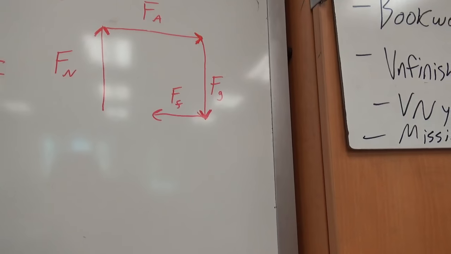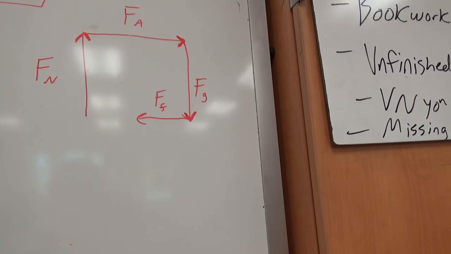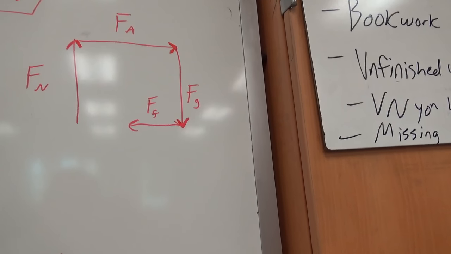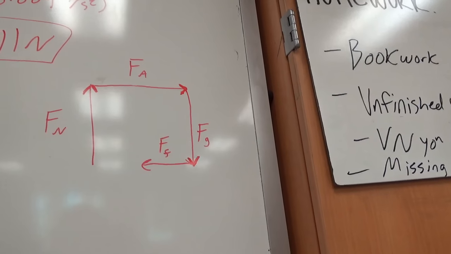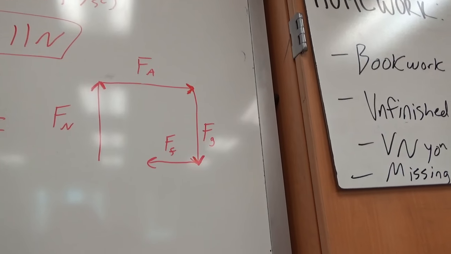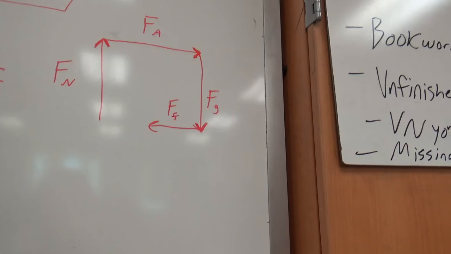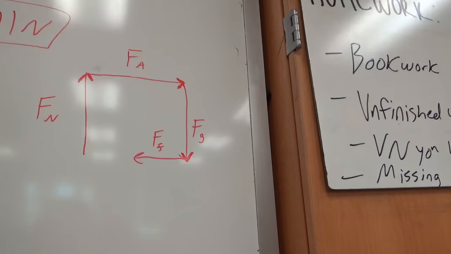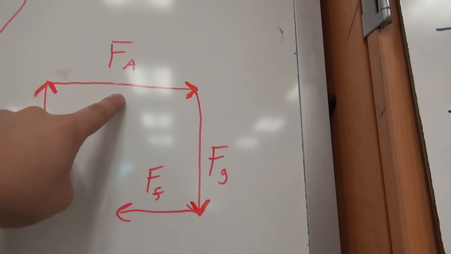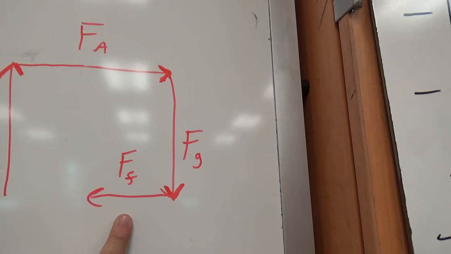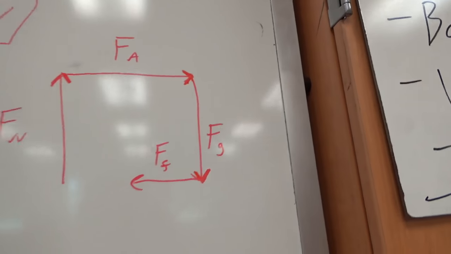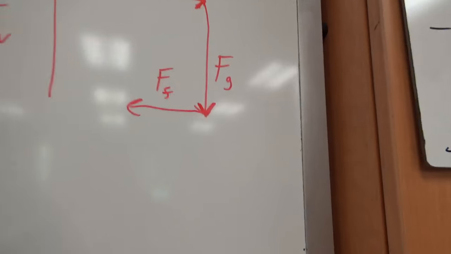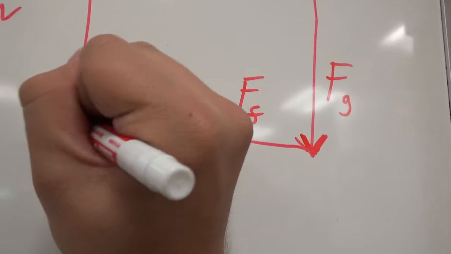When something is going at a constant velocity, they are equivalent, but when something's not going at a constant velocity, they are different lengths. So this force has to be bigger than this force in order to push our car forward so it can move.